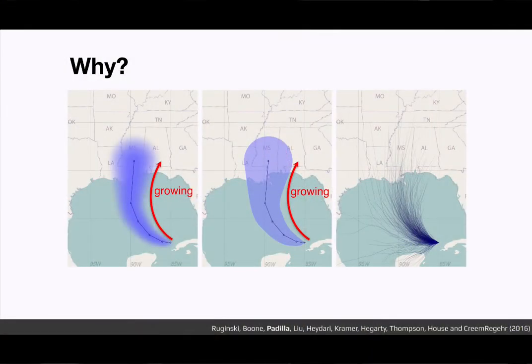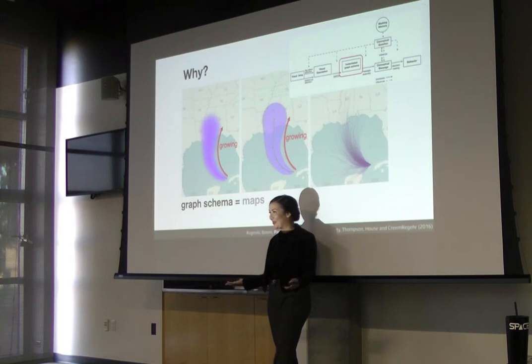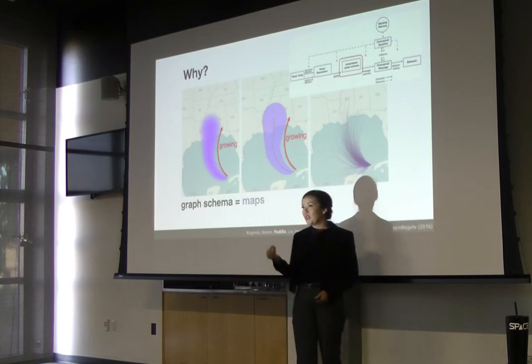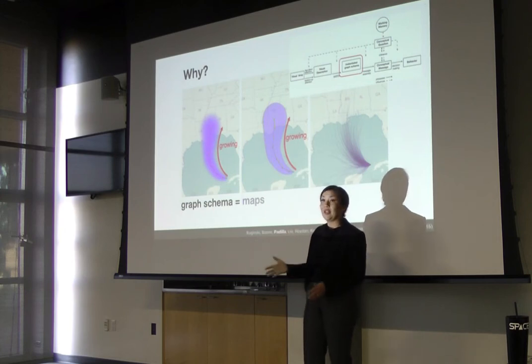So why? Why are we seeing these errors with these 2 cone versions? And what we've proposed is that it has to do with that place in the model, the graph schema portion. We are showing people maps, and they're using their schema for maps. Completely reasonable thing to do, right? And the schema that we've developed for maps is that some place on the map there is a legend.